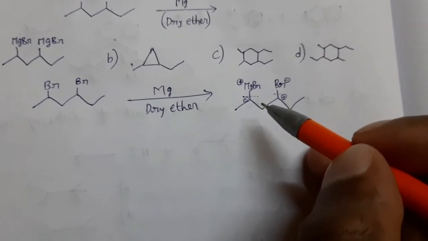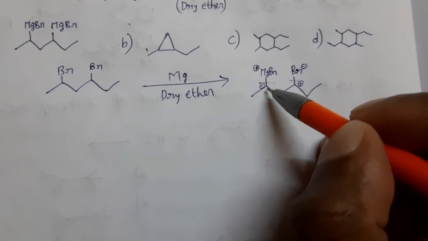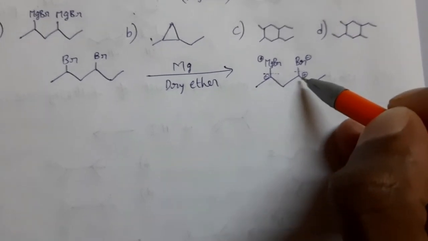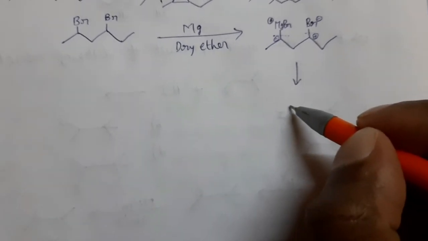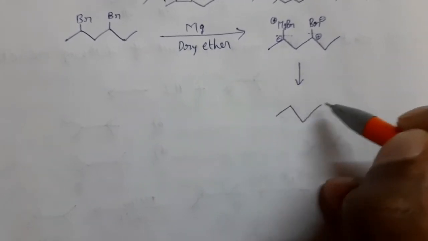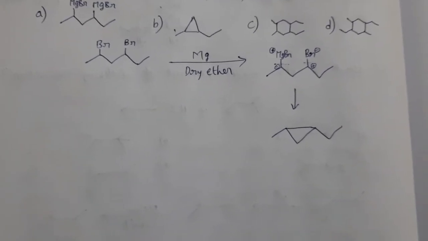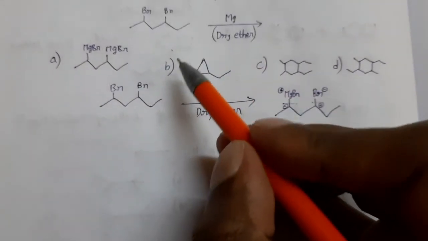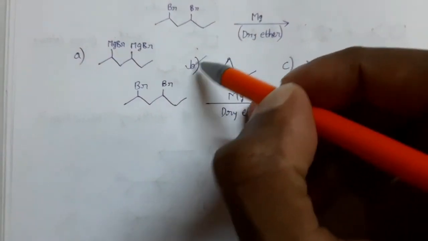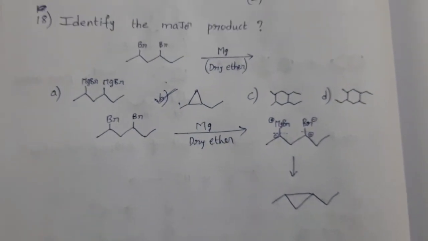So bond breaking takes place, then a new bond is formed between this negatively charged carbon atom and the positively charged carbon atom. Then we get the product, this one. So this is nothing but option B. We can get this product in this reaction.